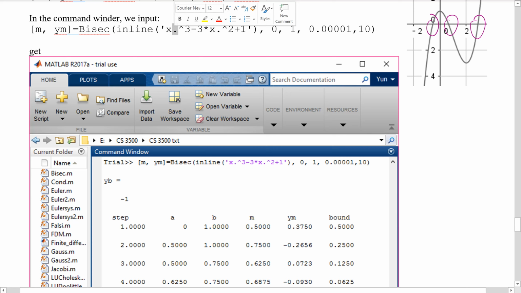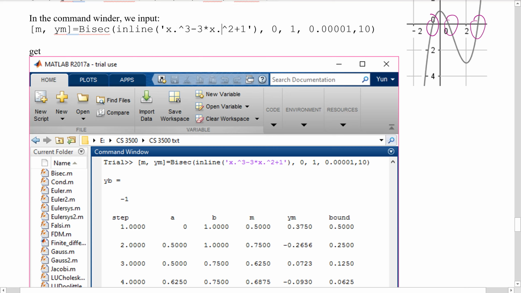When we type x, MATLAB assumes it is a vector, so if you want pointwise multiplication, you can put a dot there. But in this session we're not working with vectors, so whether you put a dot or not doesn't matter.